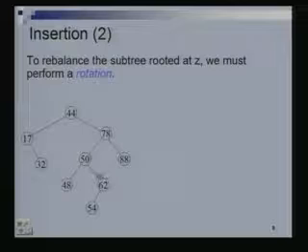Which is the first node on this path which is now imbalanced? Is this imbalanced? 50? No, difference of height is 1. Is this imbalanced? Yes, right, difference of height is 2. This is 1, this is height 3. Yeah, the height of no other node has changed, the height of this node has not changed.